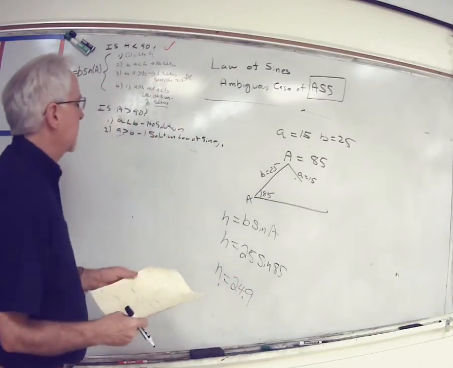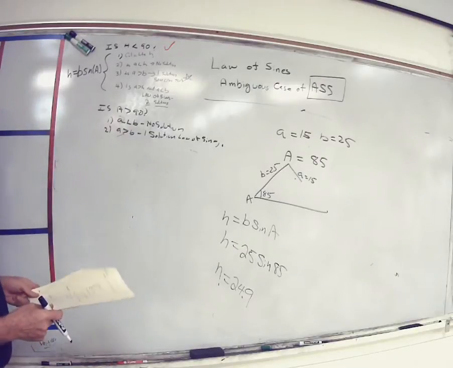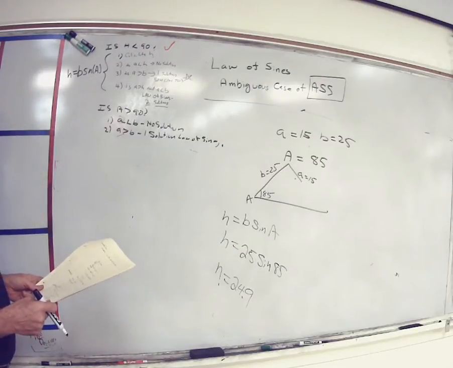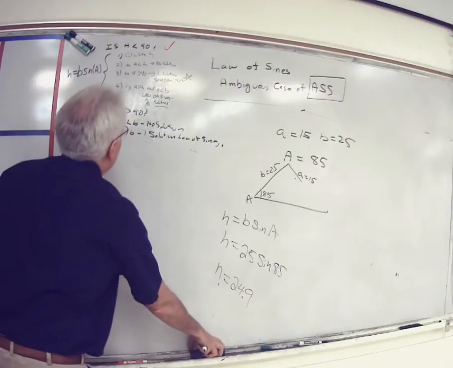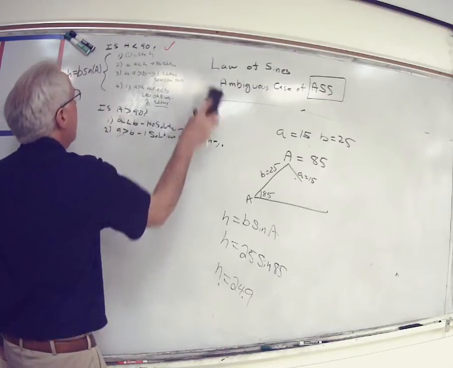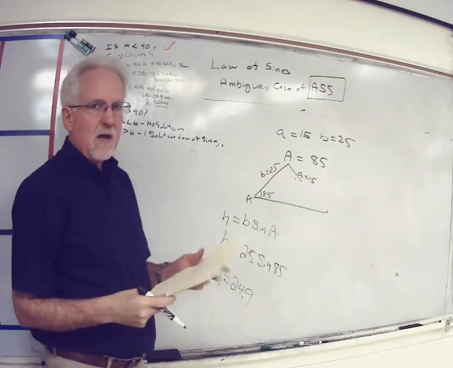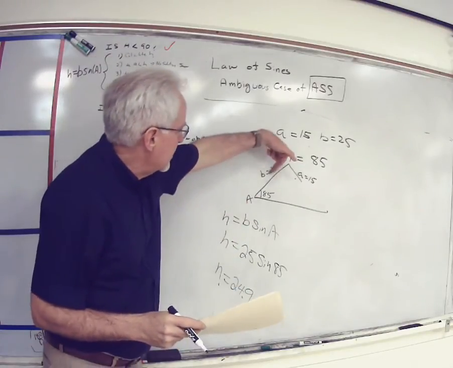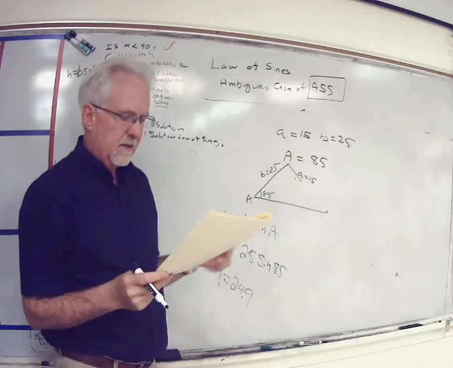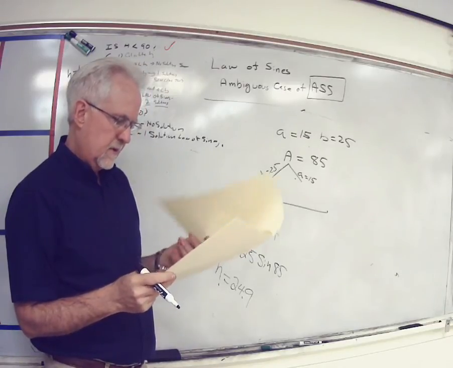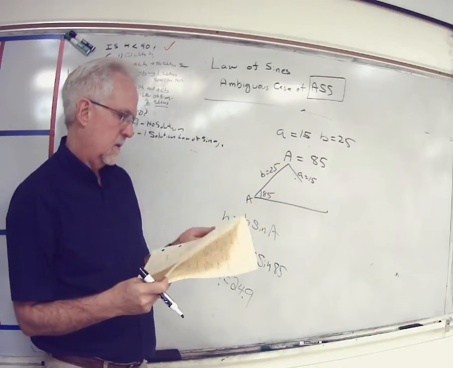So the fact that H is 24.9, what am I dealing with? a is less than H. So what do I have? No solution. Because no matter where you put it, it can't touch that line. There is no solution. So then that's just our answer? Yeah.